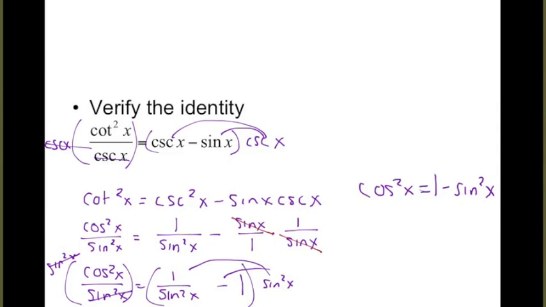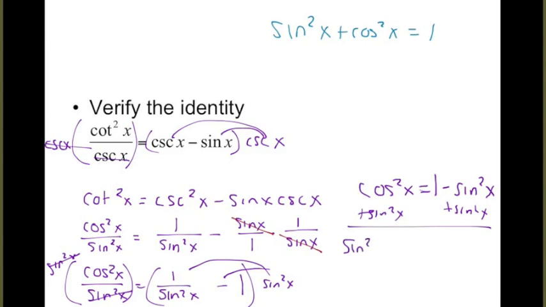One of those identities that I look at when I see a lot of squareds and ones is sine squared plus cosine squared equals 1. So if I can turn our equation into that, then it must be true. And we can turn this into that by adding the sine squared to both sides. And once we have that identity, we can say, yep, we've done it.